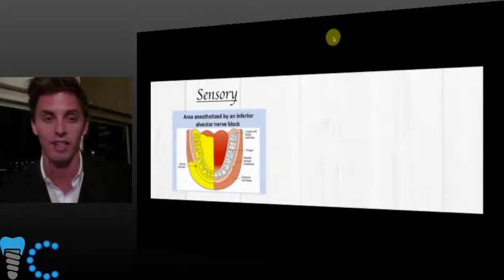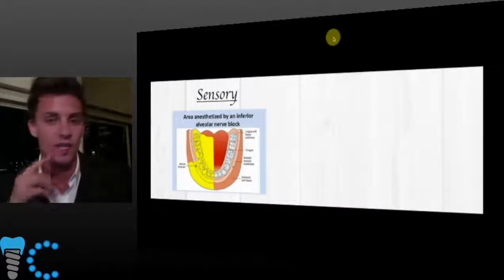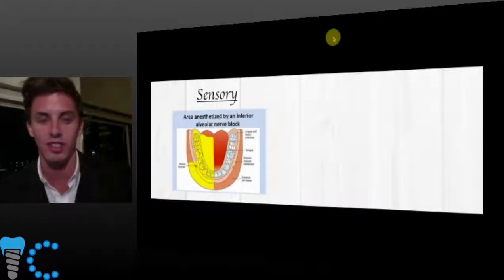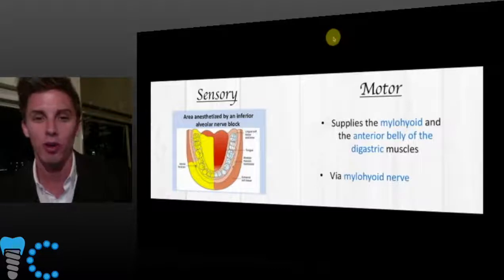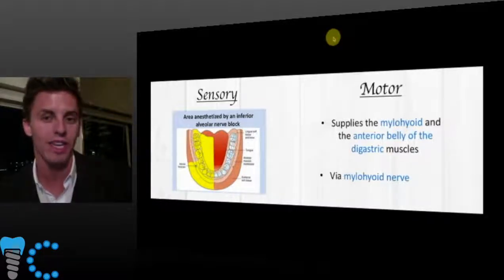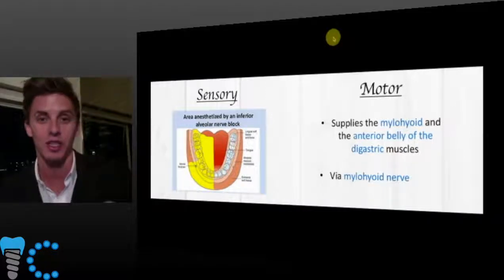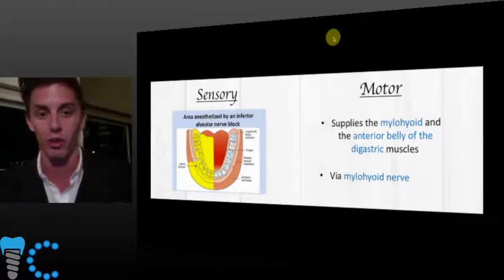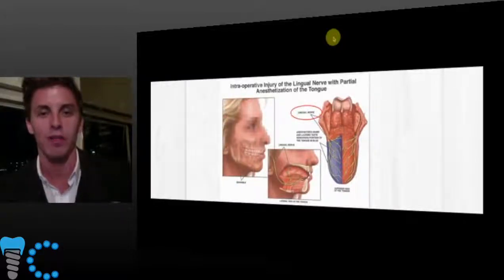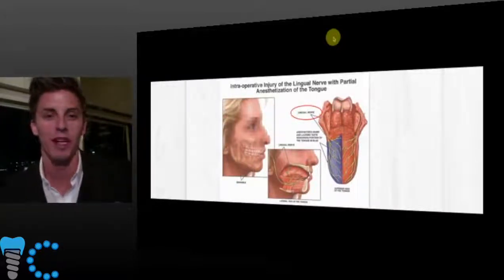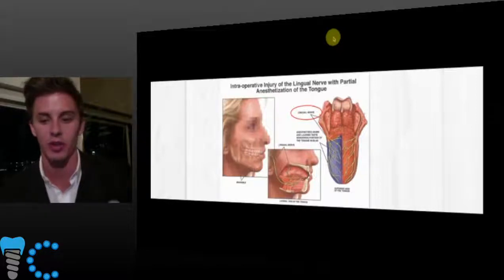This provides sensation to the tongue, lower jaw, skin, and lip. There is a motor component which does supply the mylohyoid and the anterior belly of the digastric via the mylohyoid nerve. Today we're going to talk about the lingual nerve that does provide the sensation to the anterior tongue.